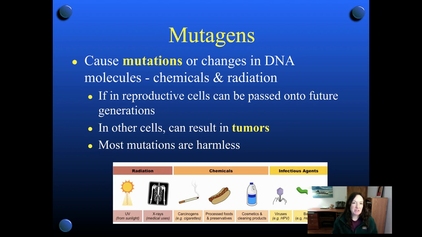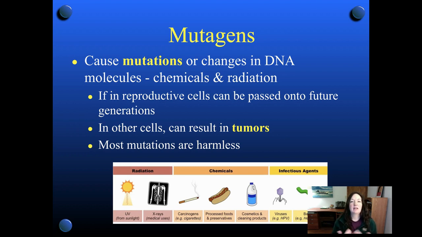So if you have a mutation in this area that's completely nonsense, it doesn't really matter. That's why most mutations are harmless. But if you increase exposure over and over again to a mutagen, then it increases the chances that that 5% of DNA, the part that actually codes for something, is going to be affected by it. And then whether or not that does have an effect, whether it's just a tumor or a dangerous cancer, is all determined by where in the genetic code it happens.